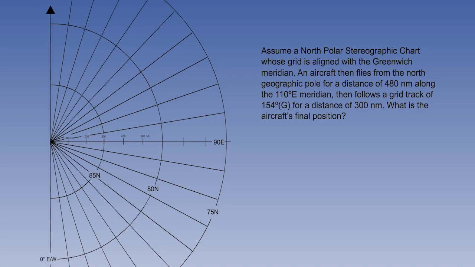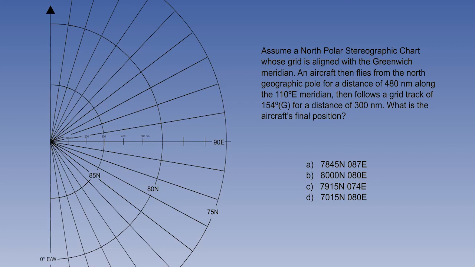What is the aircraft's final position? The possible answers were 78:45 north, 87 east; 80 north, 80 east; 79:15 north, 74 east; and 70:15 north, 80 east.